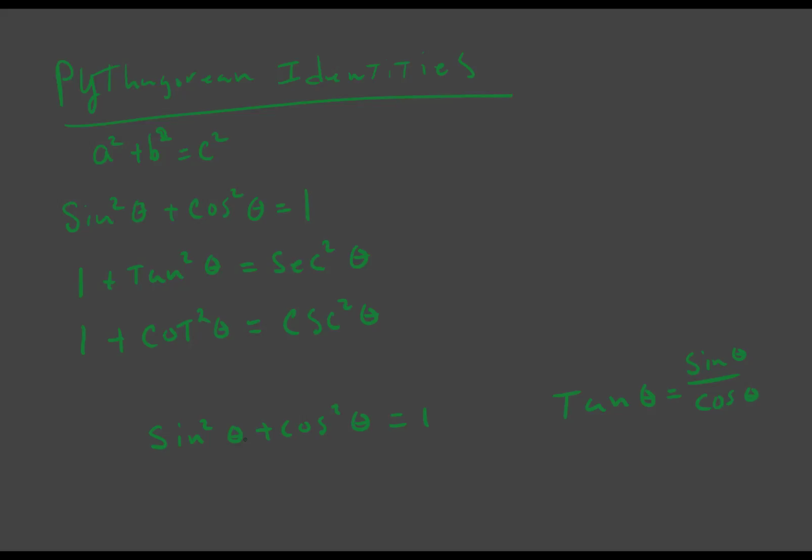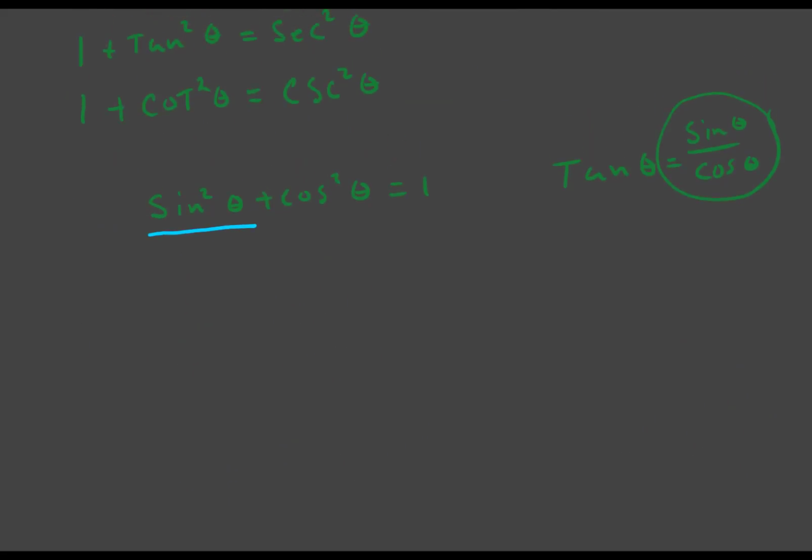Well, what can we do to get tangent into our equation here? Since tangent equals sine over cosine, what if we simply divide both sides of this equation by cosine squared of theta?